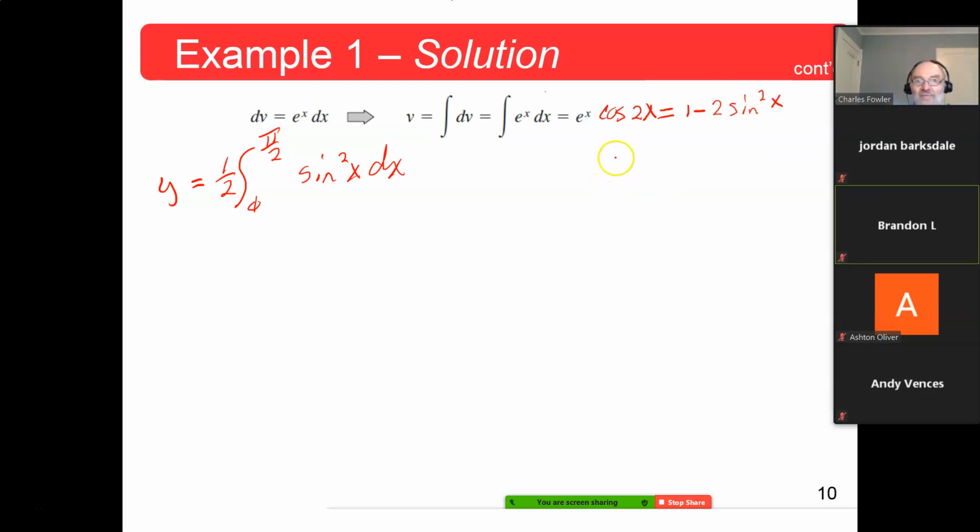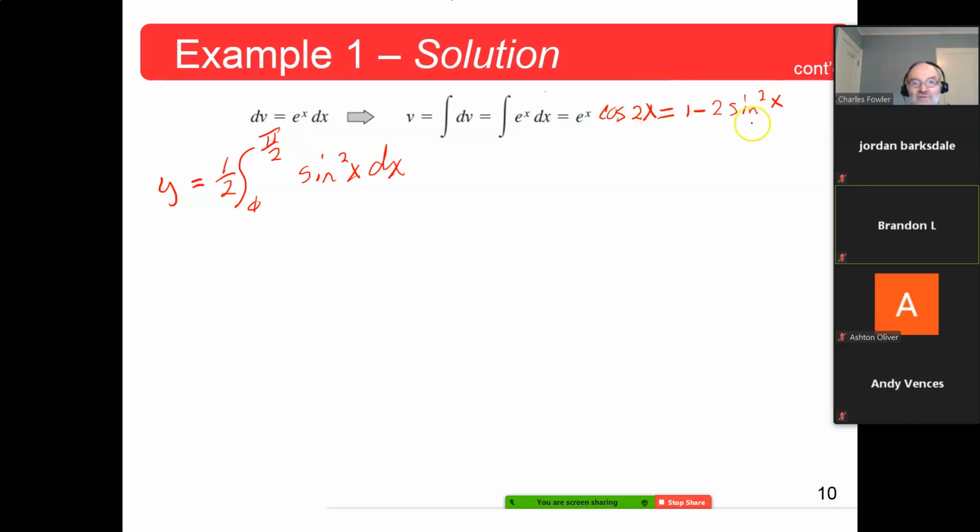Now here's why we want that one, because here we have sine squared. So we want to solve for this sine squared here. You see, we can't really integrate when we've got the square here. We need this to the first power. So this is going to reduce your power from squares to first power. It's going to change your function, but that's okay.